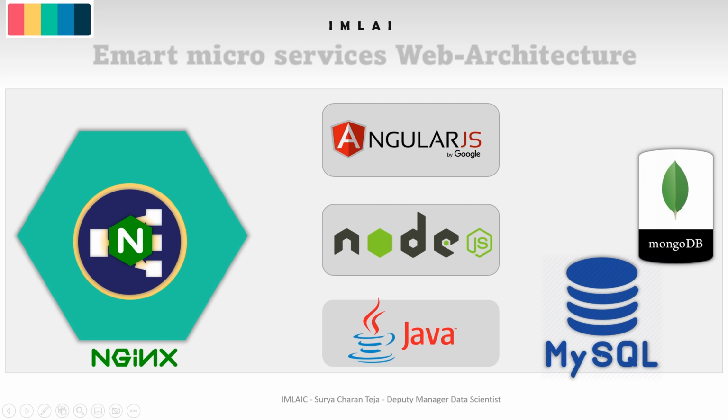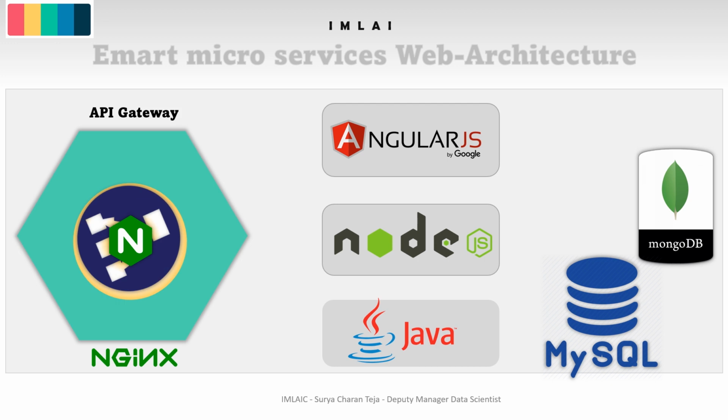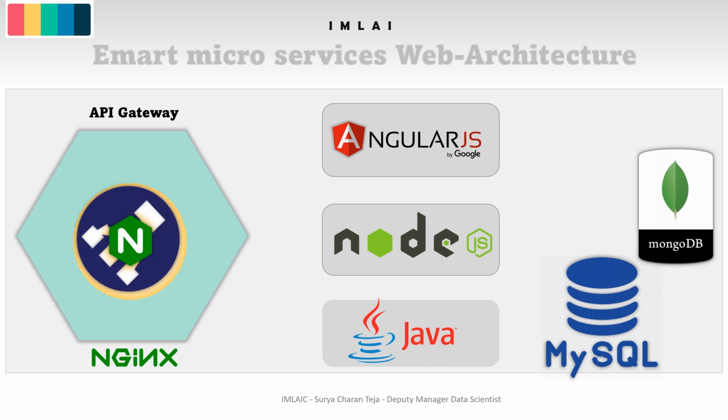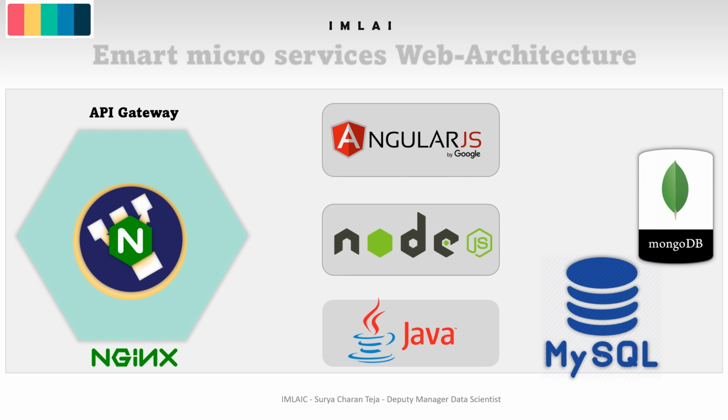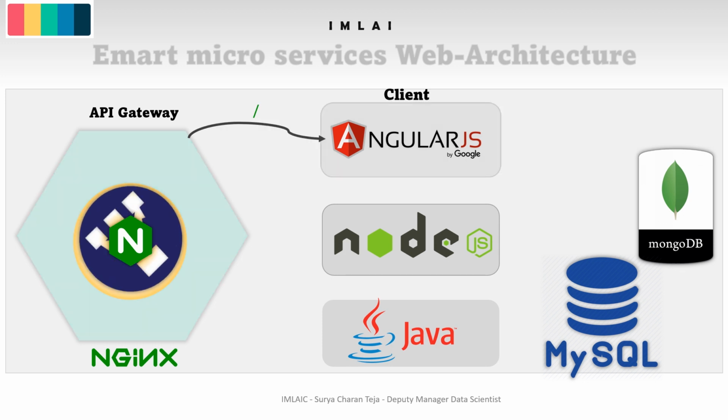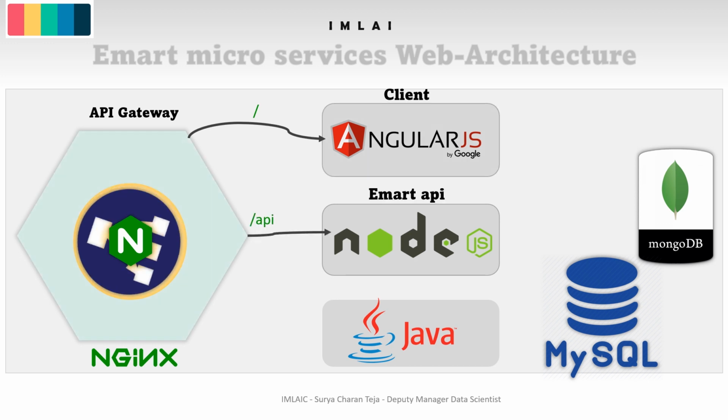So we'll begin with Nginx. Nginx is the API gateway, which is the front end from where all the requests come, and all the communication between microservices happens through the API gateway.